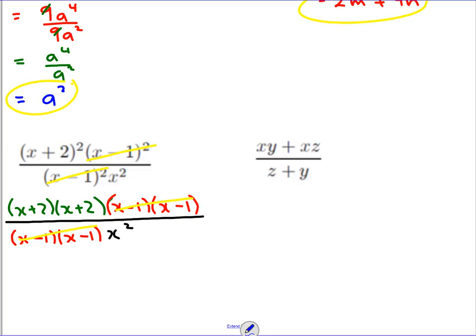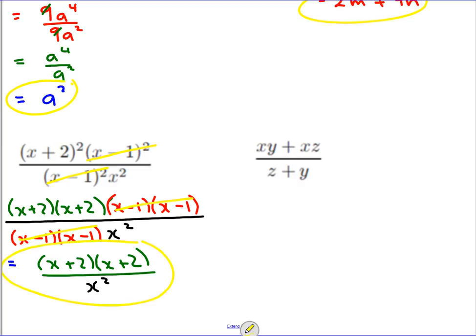Okay, so then we can rewrite this as x plus 2 all over x squared. So x plus 2 over x squared. You can expand this, you would get x plus 2 x squared.